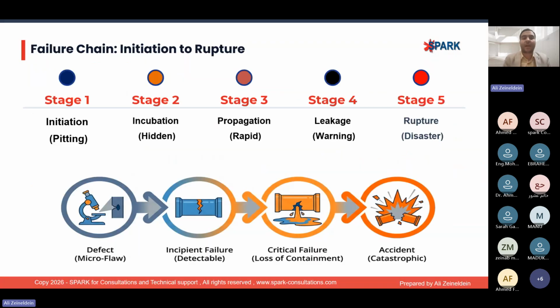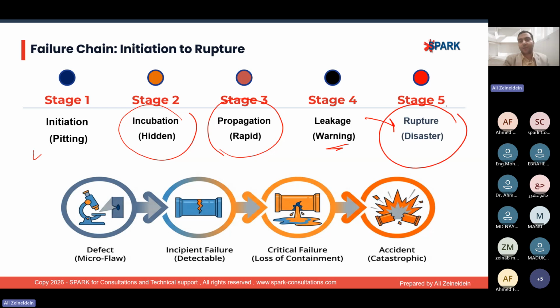This slide summarizes the stages from initiation to rupture. Start from initiation, then propagation rapidly, and then leakage. We consider this a warning of the rupture that will be at the end of this chain. The rupture will occur and a catastrophic failure may take place.